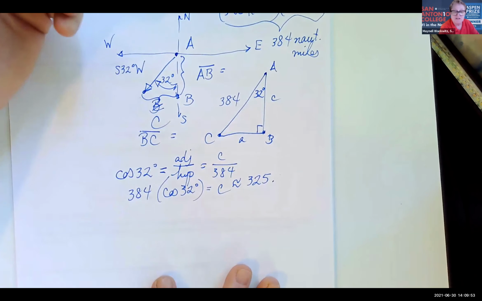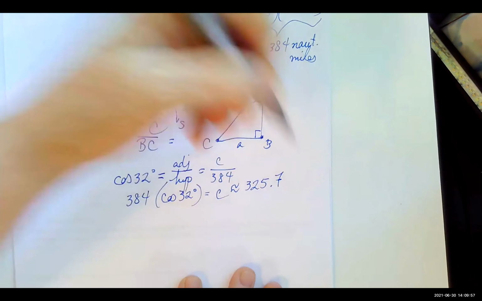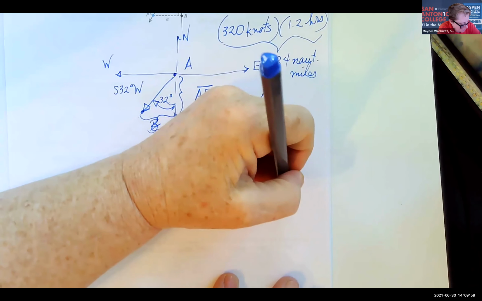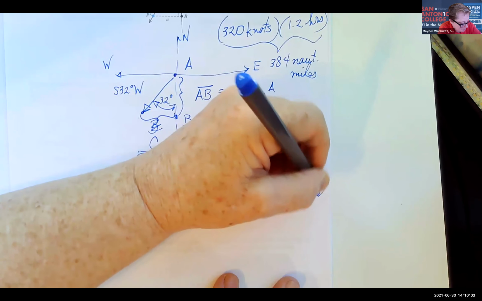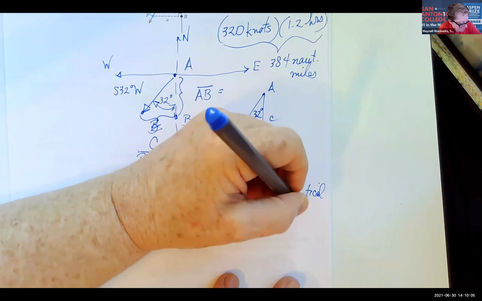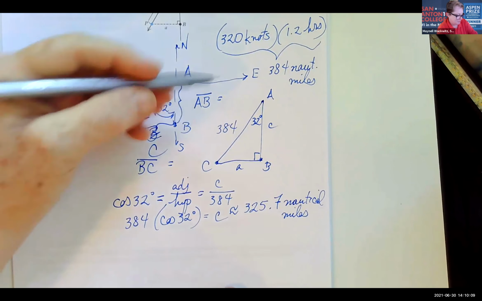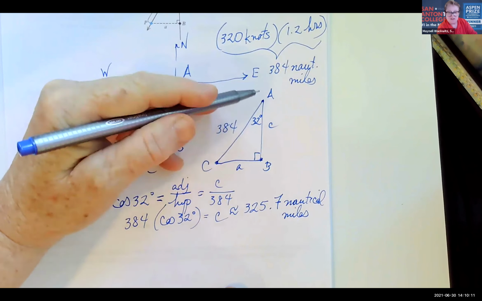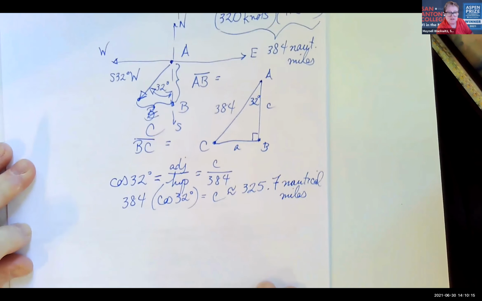Is it 0.6 or 0.7? It's 0.65, so 0.7. Yeah, it's 0.7. And this is measured in nautical miles. And okay, we found the vertical distance, with respect to our triangle. How can we find the horizontal distance?